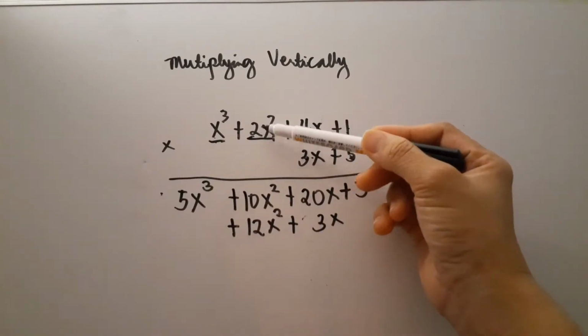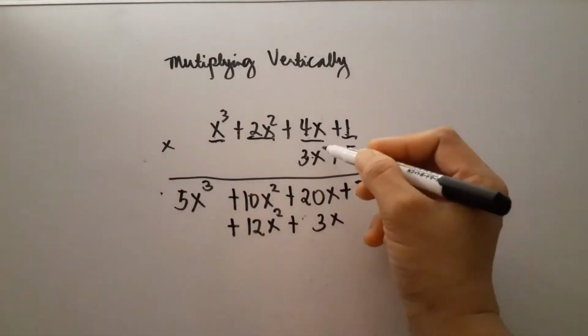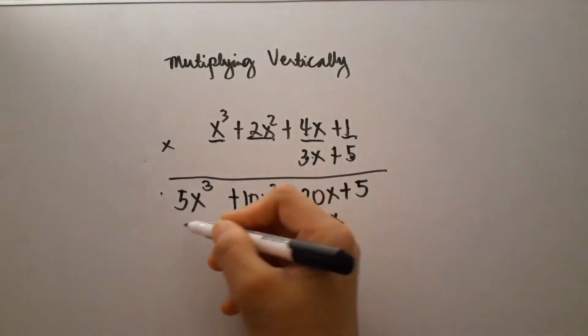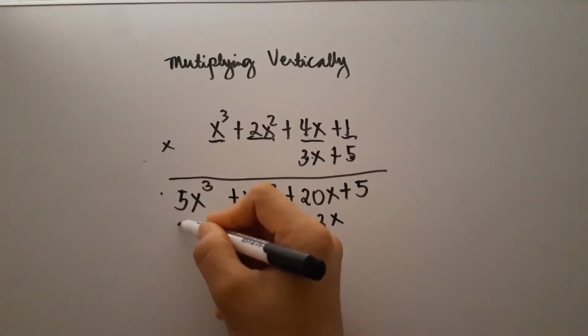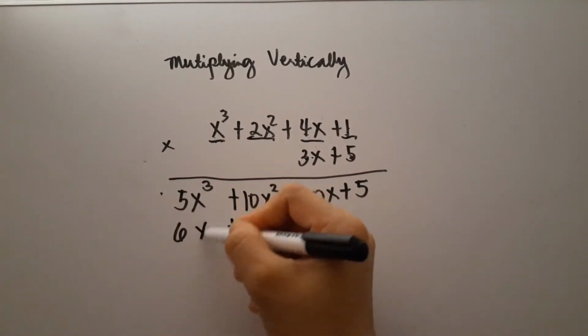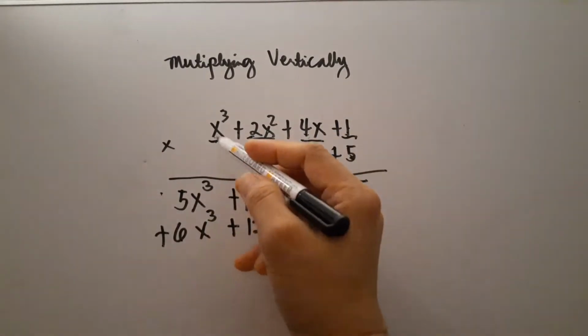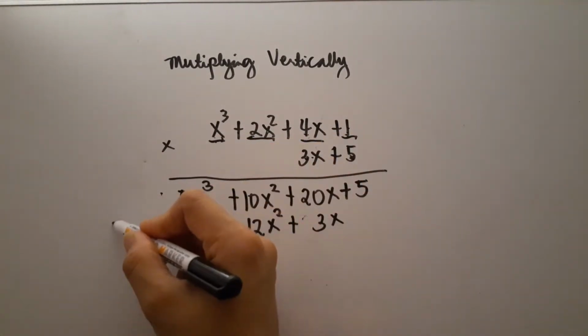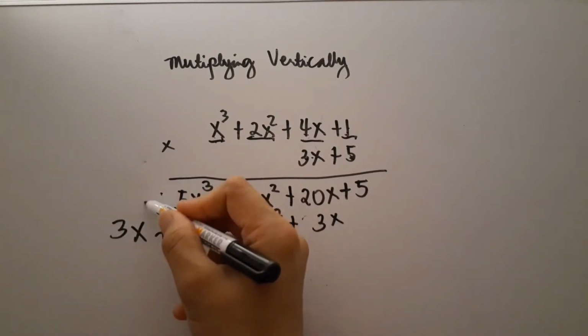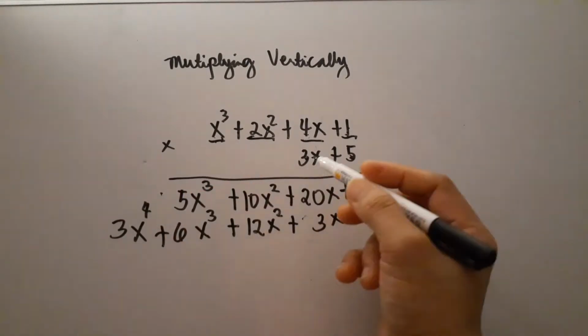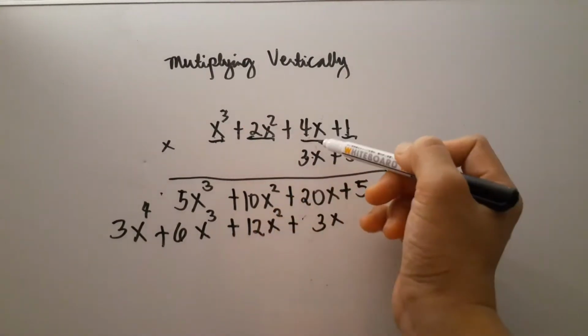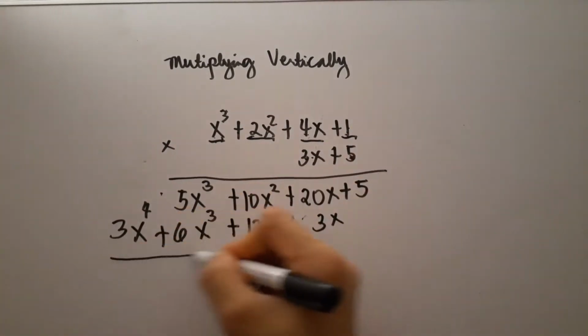Remember the laws of exponents. Then 3x times 2x squared becomes 6x cubed. And 3x times x cubed becomes 3x to the 4th. Remember the laws of exponents here.